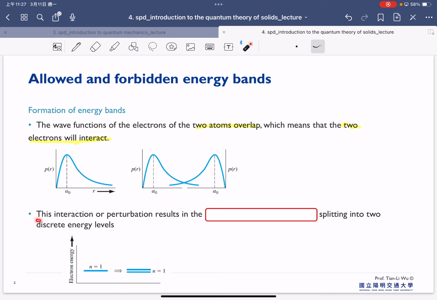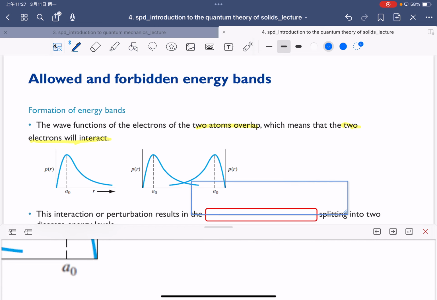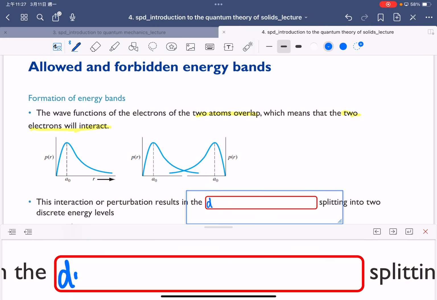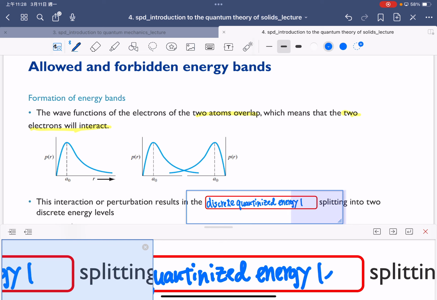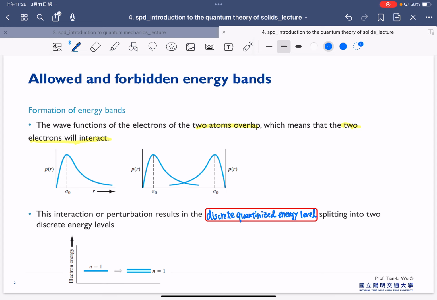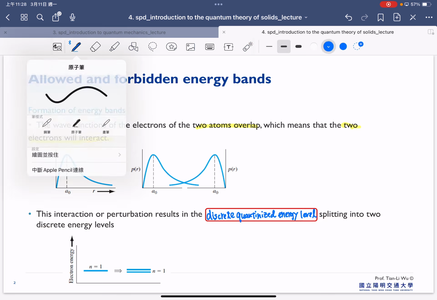This interaction or perturbation results in discrete quantized energy levels, splitting into two discrete energy levels, as shown here.